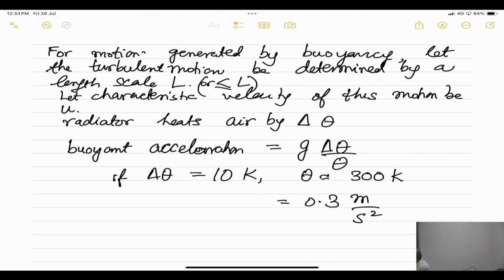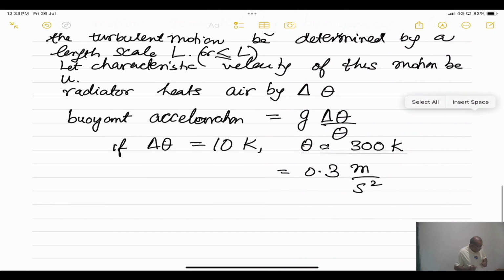It's not exactly 300, but whether it is 0.3 or 0.25 or 0.35 does not make a difference. So this acceleration turns out to be about 0.3 meters per second squared.